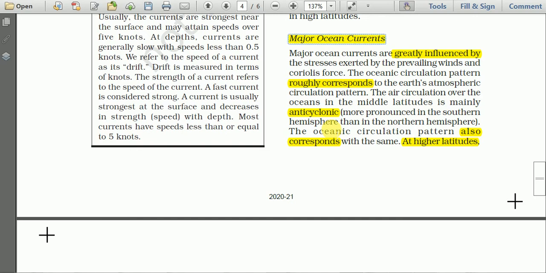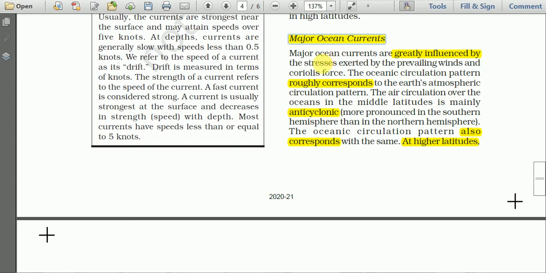We also have learned that ocean currents are mainly generated by the prevailing winds, and there are other factors too, like thermal expansion of water and density differences. So now we shall try to correlate these ocean currents and the planetary winds. Let us read.